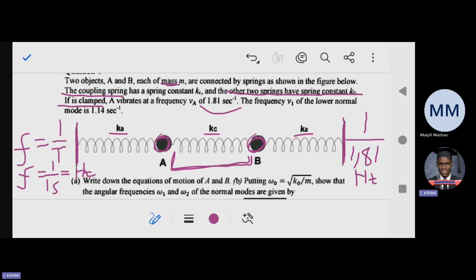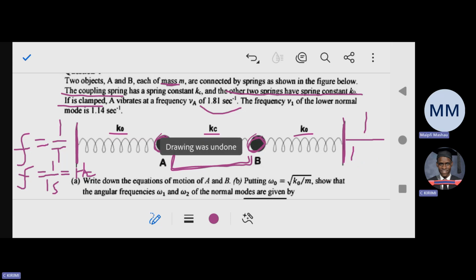Either you can use per second or you can use hertz. Those are the two units you can use. But the normal standard one, the SI unit for frequency, is hertz, where you divide 1 by 1.81. Then your answer will be in hertz.